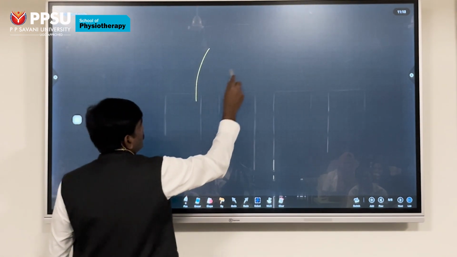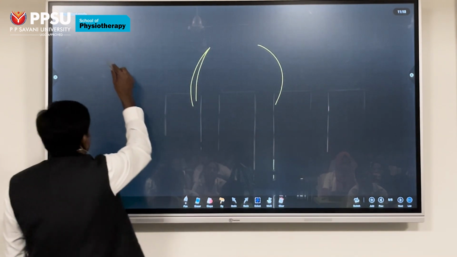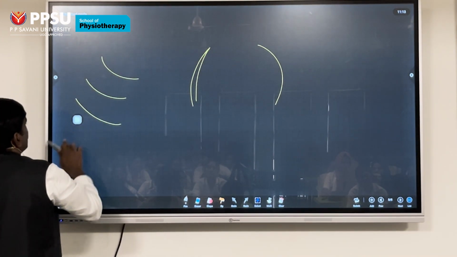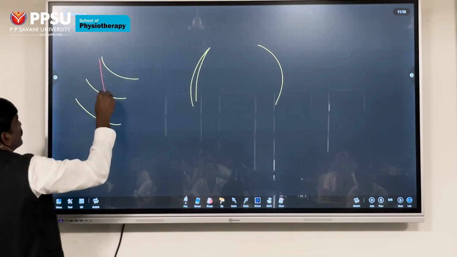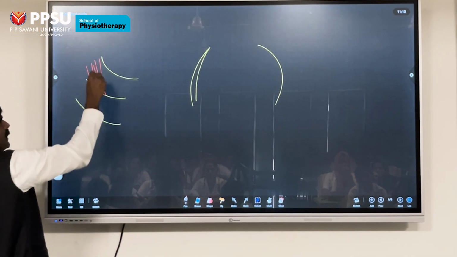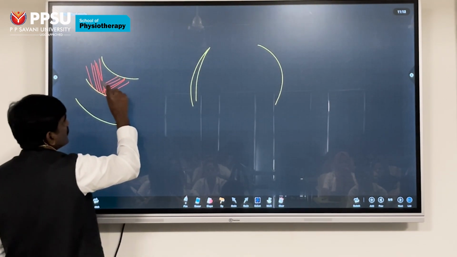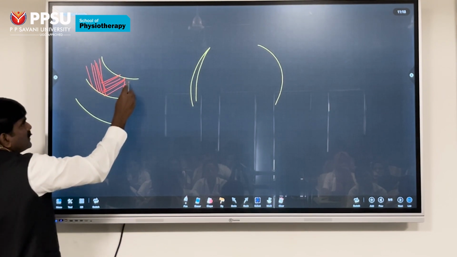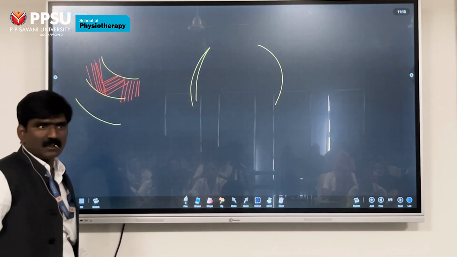Suppose this is the chest wall. There are three intercostal muscles, you know. What are the three intercostal muscles? This is the external intercostal muscle, this is the internal intercostal muscle, and this is the innermost intercostal muscle. Three layers of intercostal muscles are there.